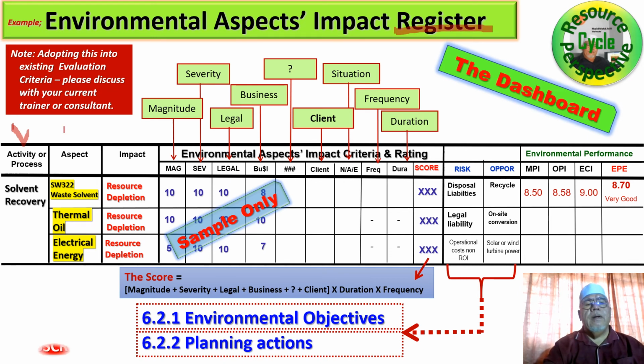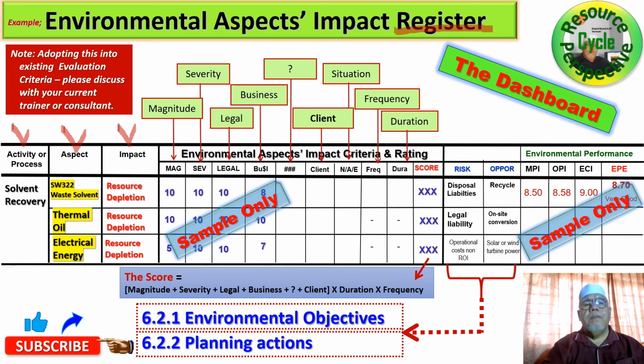Aspect is over here, and we have environmental impact over here. This is the impact. We have all the aspects listed down, their respective environmental impacts listed down, and these are the aspect impact evaluation criteria and rating: magnitude, severity, etc. You can read it there.